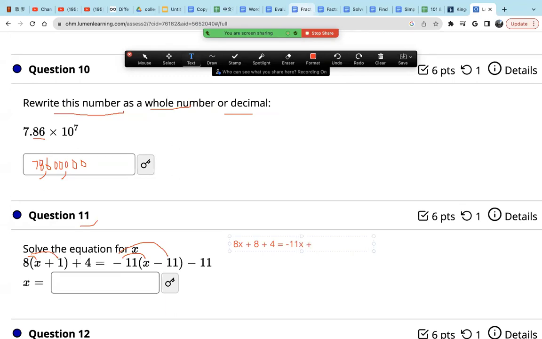Then negative 11 times negative 11 becomes plus 121. Then minus 11. Then we keep simplifying. We have AX, 8 plus 4, that's 12, equals negative 11x plus 121 minus 11, that's 110.